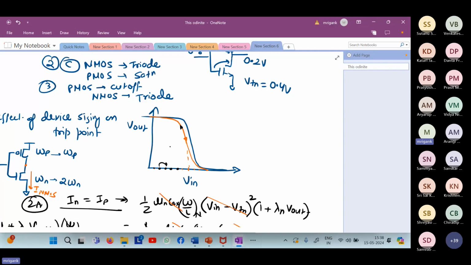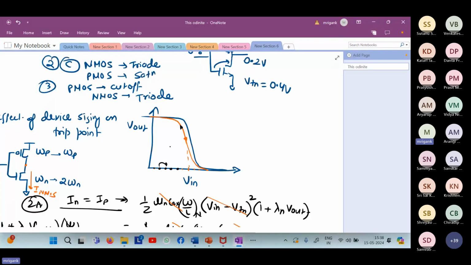So what is happening is, for a higher W by L of N, the NMOS current is expected to increase, but now the NMOS current is equal to the PMOS current under all conditions. Therefore, in order to counter that, the output voltage must be lower. That's what we can say. So in a simple sense, what we are saying is that the pull down strength of the NMOS is increasing, or the pull down device of the inverter is becoming stronger.